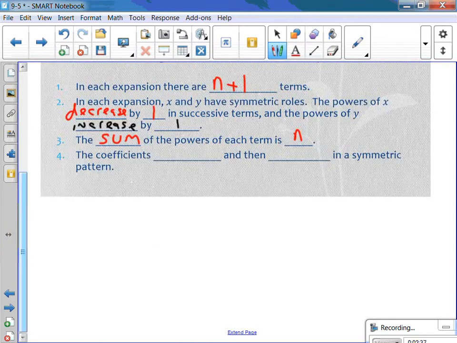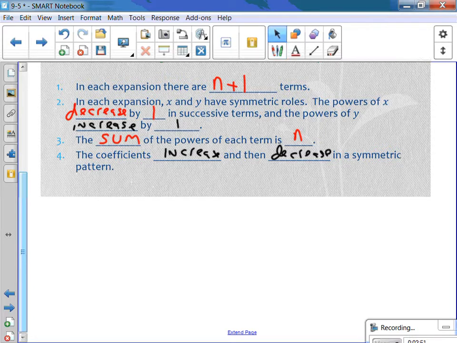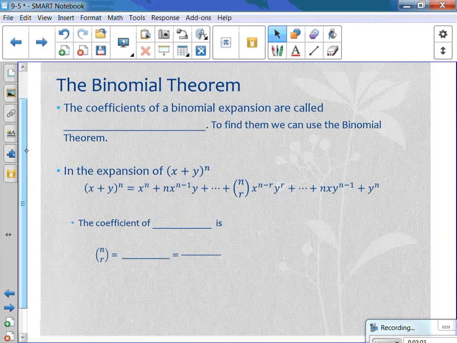We can see that the coefficients increase and also decrease in a symmetric pattern. We're going to come up with these coefficients to make it easier. There is something we can use, our binomial coefficient, to come up with each and all of those coefficients. So we get that with our binomial theorem.